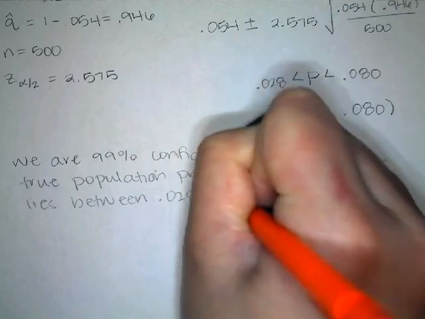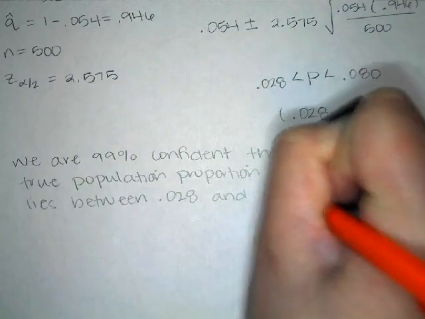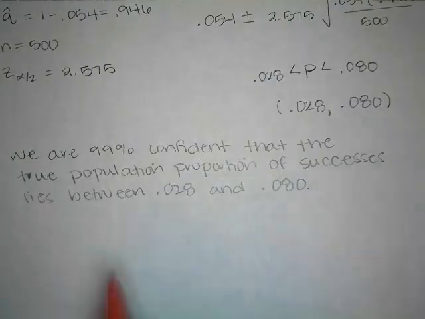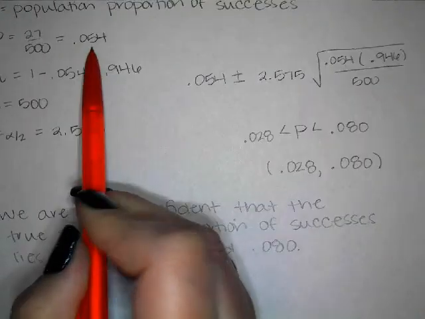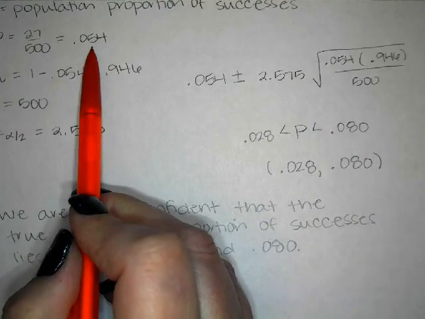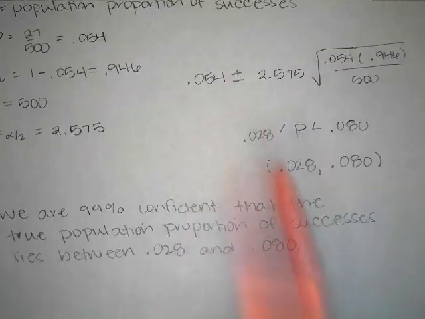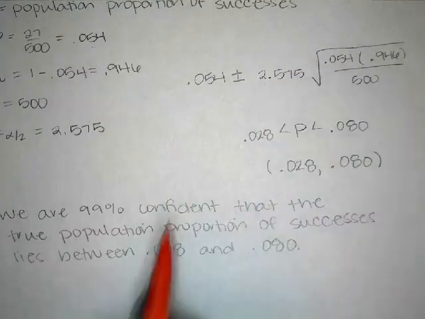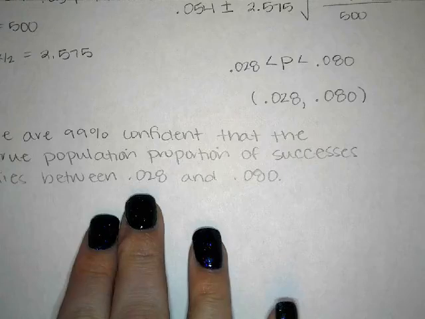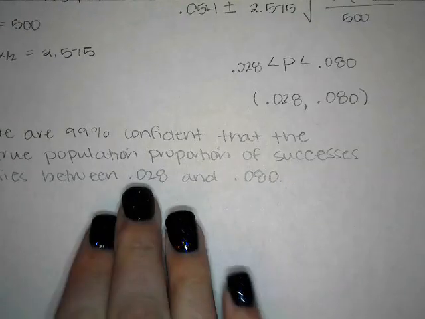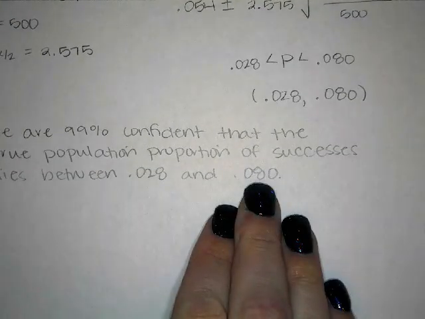So the sample was 5.4% probability of success, or percentage of success, and the true population proportion we think is somewhere between 2.8% and 8%. So somewhere between there, but our sample was 5.4% successful. So that's what we're saying.